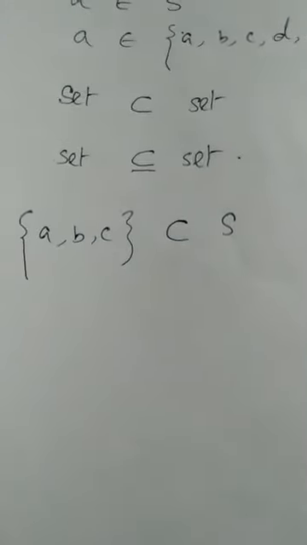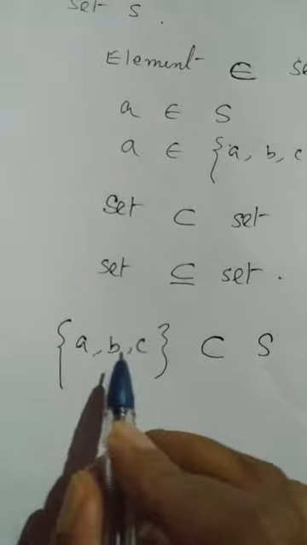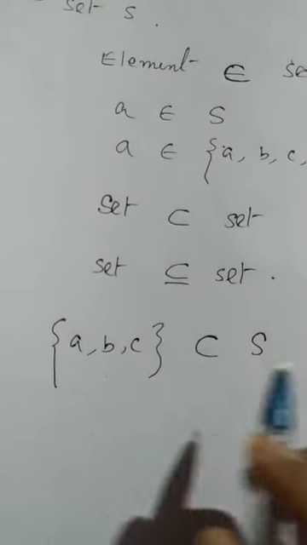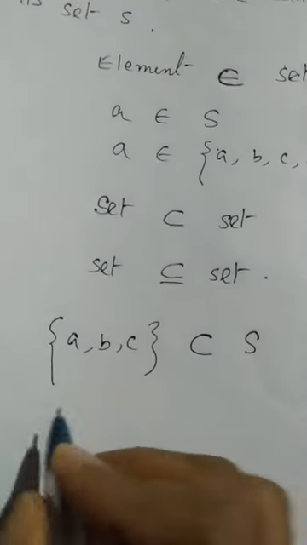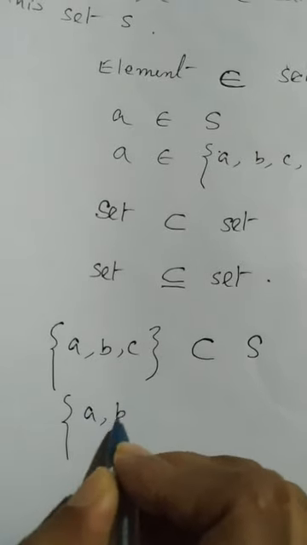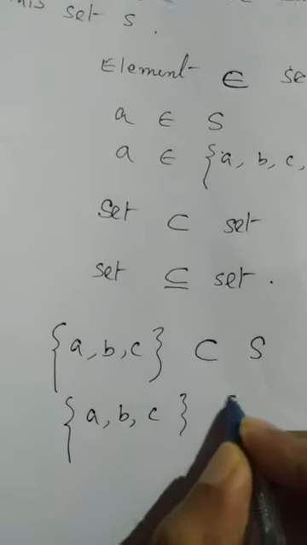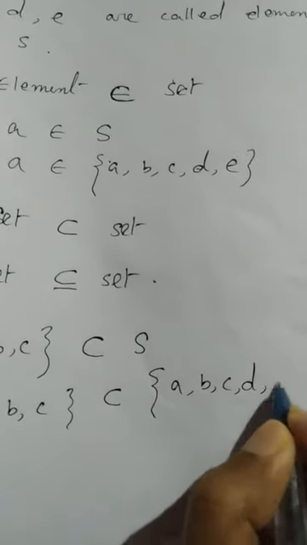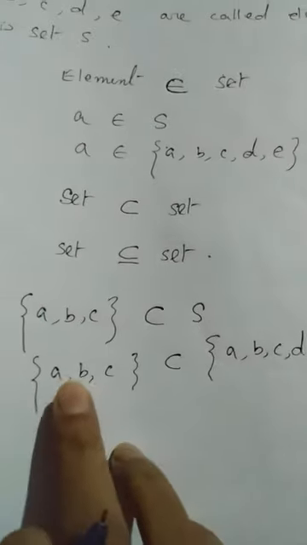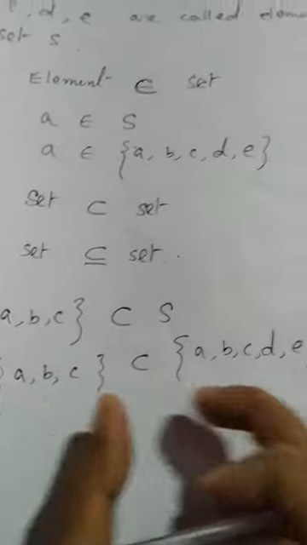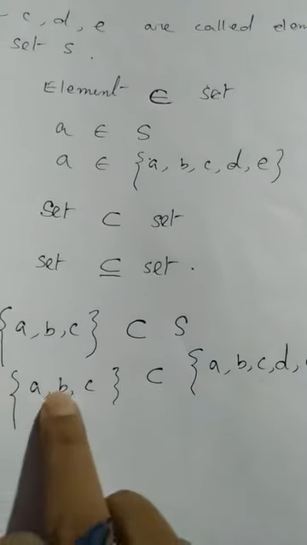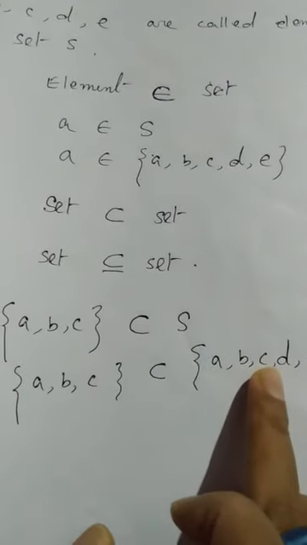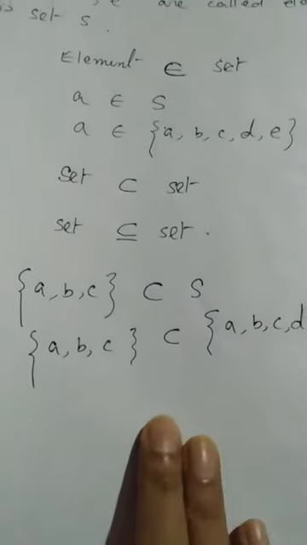Now the condition is that all these elements must be present in the set S, like A, B, C, no? So this is A, B, C, D, E. All the elements must be present there. See, A is there, B is there, C is also there, isn't it? So I will write like this.